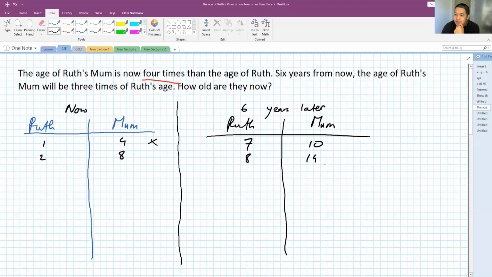But again, 14 is not 3 times 8, so this can't be the answer.